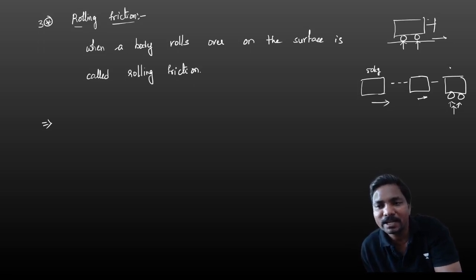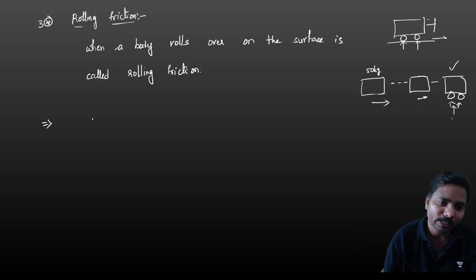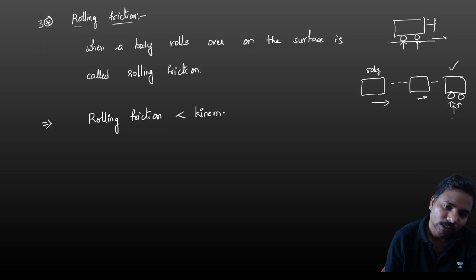Correct. So it is very easy now. So we can say that rolling friction is always less than kinematic friction or kinetic friction, and that is less than static. So static friction is highest.